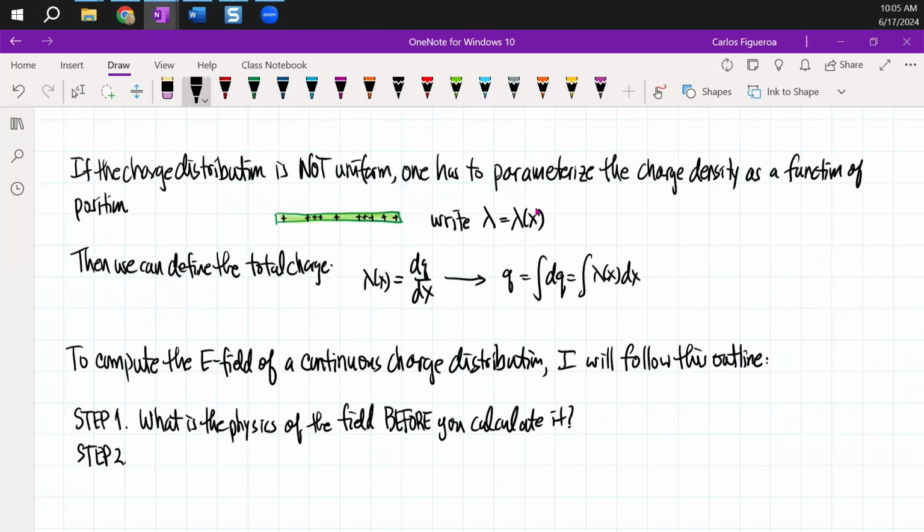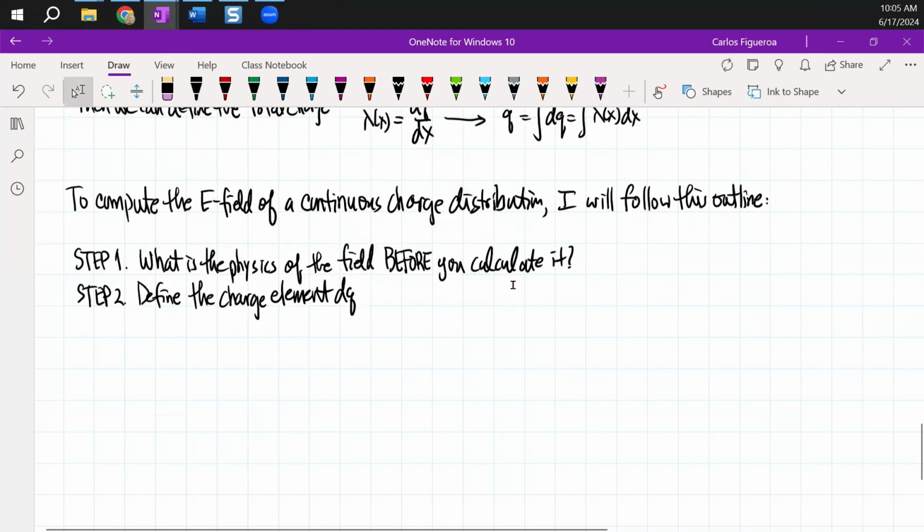Step 2, define the charge element dq. Then we just follow the steps that we've already gone through.